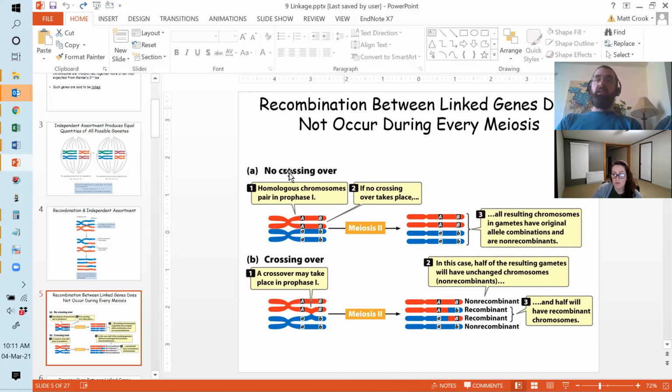And so that really is the key characteristic of linkage. There will be an excess of parental gametes, chromosomes, allele combinations, or phenotype combinations, whatever you want to call it, than there will be recombinant.